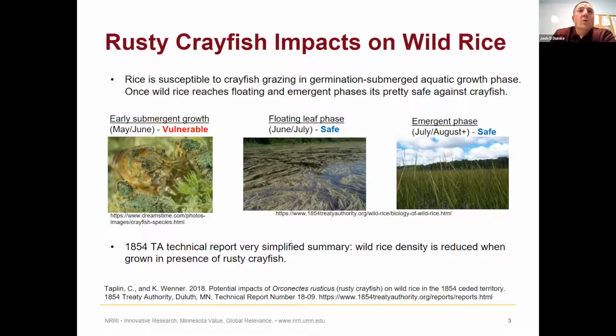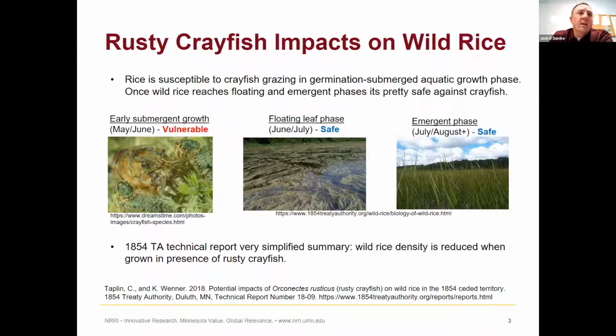So this is when it's growing underwater, especially new shoots coming up from the sediment. Once wild rice reaches the floating and emergent phases later in summer, it's pretty safe against crayfish grazing and uprooting, but it's that early growth phase in May to June when it's really vulnerable.